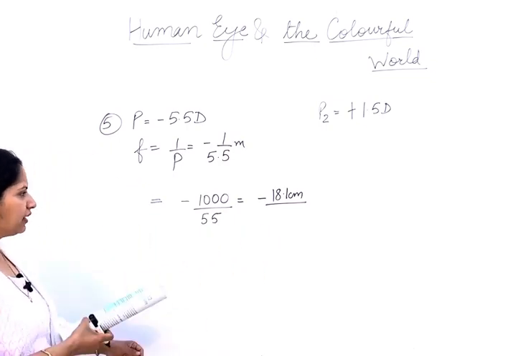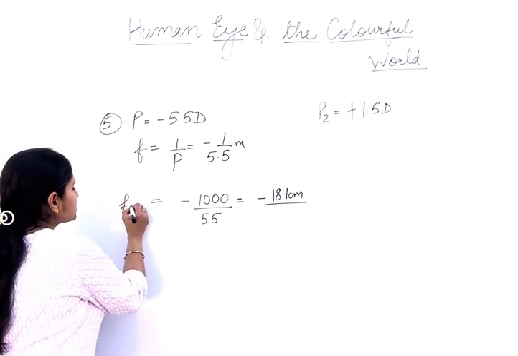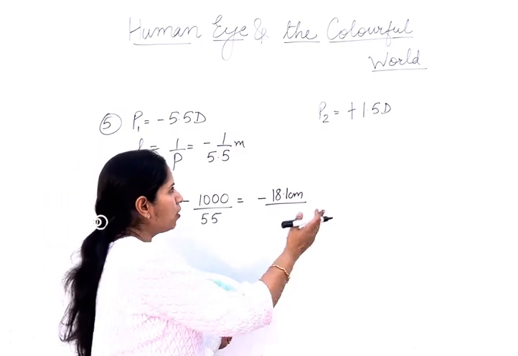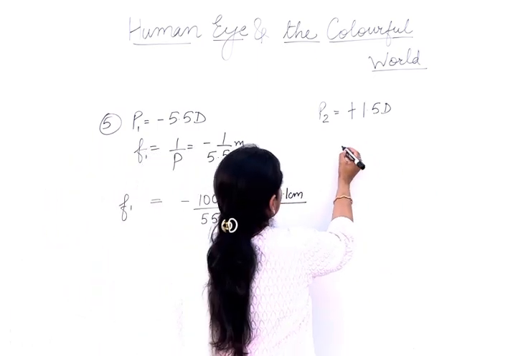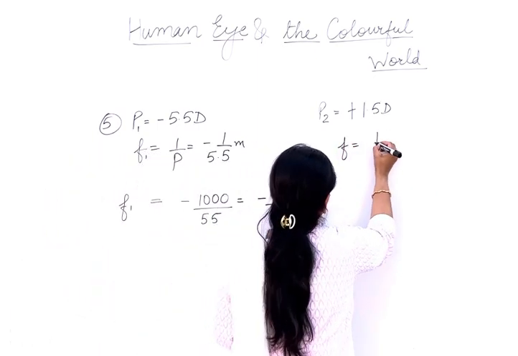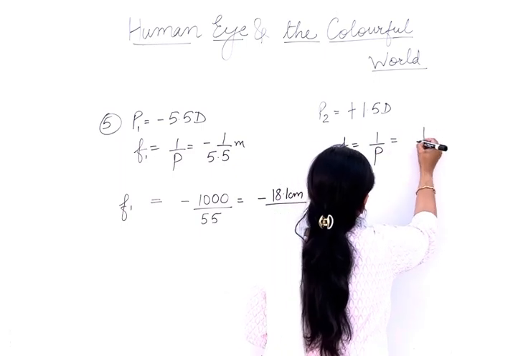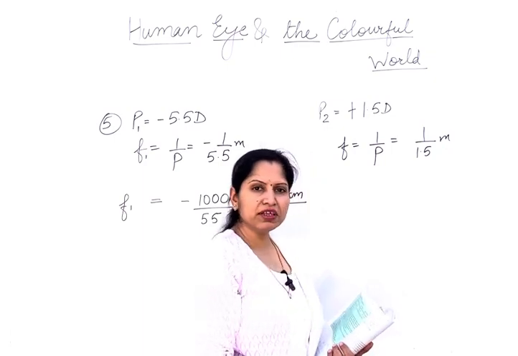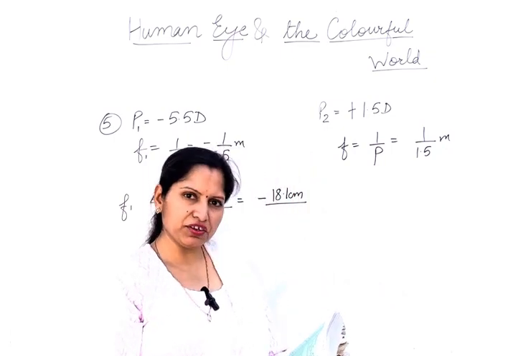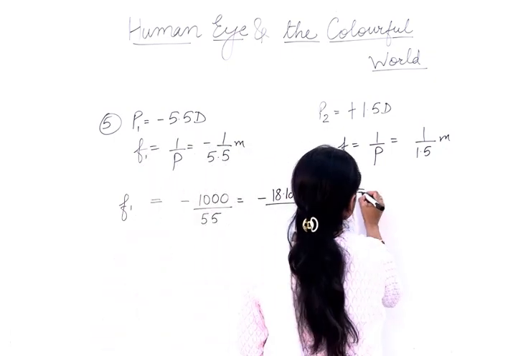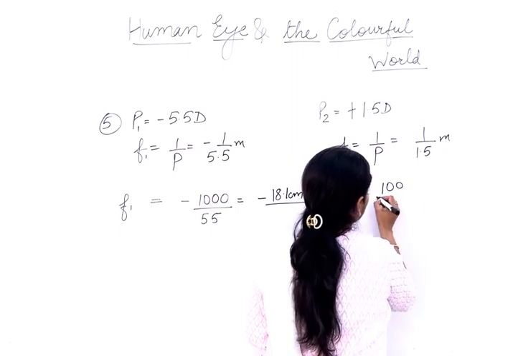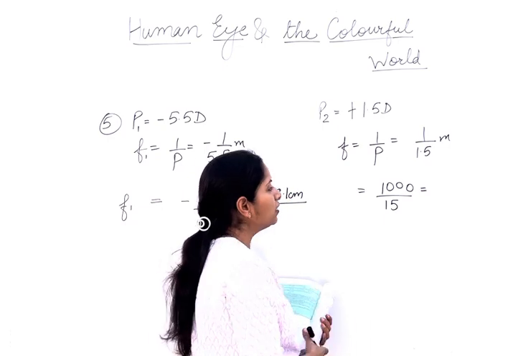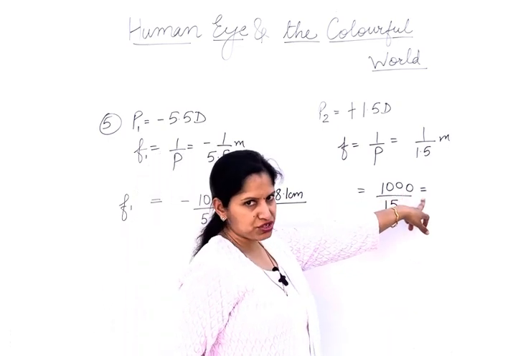That will be the focal length of the first lens. Now, for near vision, the focal length will be, again, 1 upon power, that is 1 upon 1.5. Again, this is the answer in meters. We'll convert it into centimeter by multiplying with 100. So, it will be 100 upon 1.5. Again, I would like to remove the decimal by just placing one more 0 here.